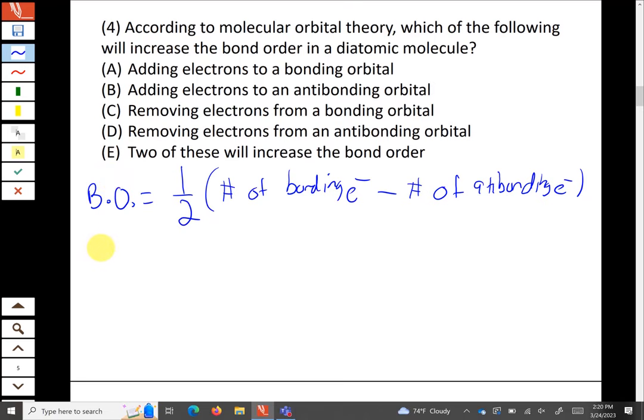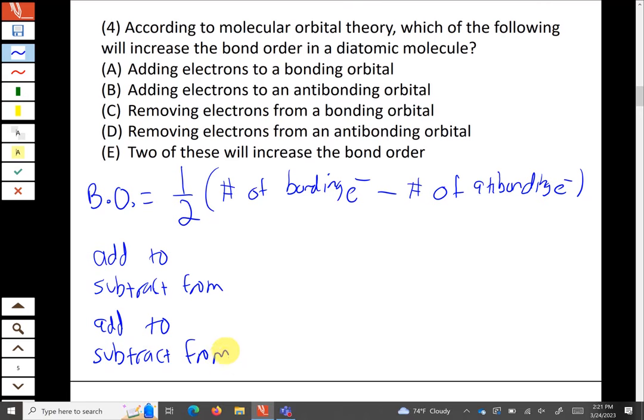Let's just write all these possibilities out. So if we think about the bonding orbitals first, if we add an electron to a bonding orbital, mathematically speaking, we're increasing this term here.